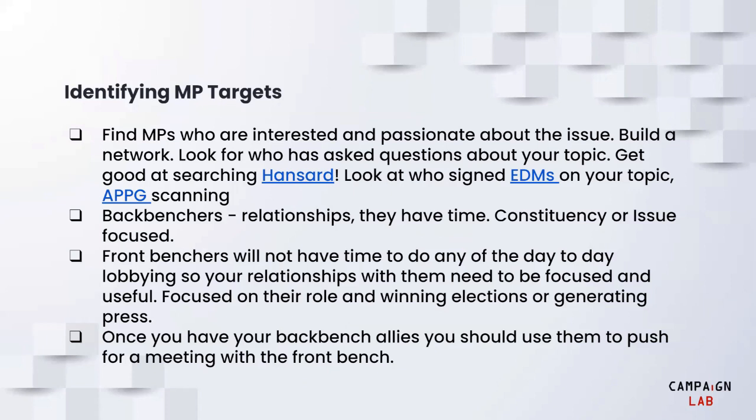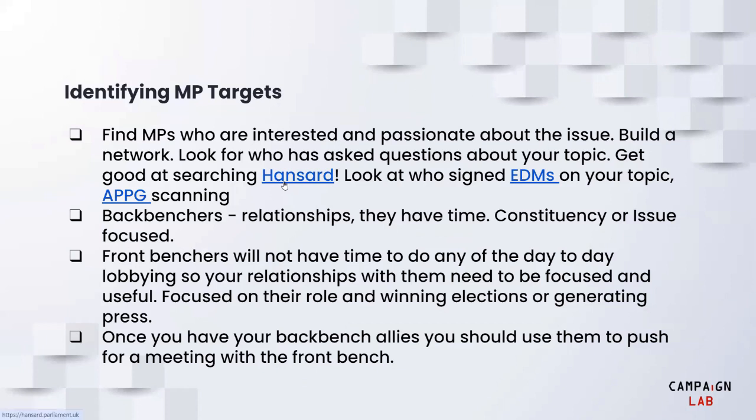You might immediately want to think, oh, I'll go to the power of the decision maker, but if you've got a long-term campaign, having some passionate people who are properly attached to the issue is maybe a really good first step. They may be backbenchers, but 6 really passionate backbenchers can be incredibly useful in terms of persuading a frontbencher. So going to people who actually care about what you're talking about is important.